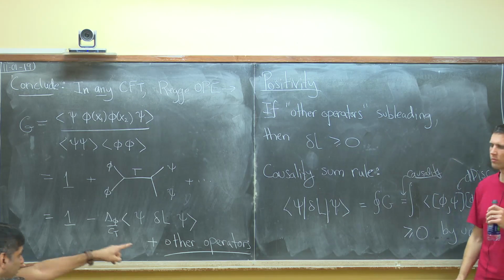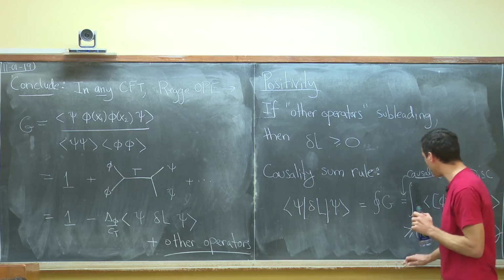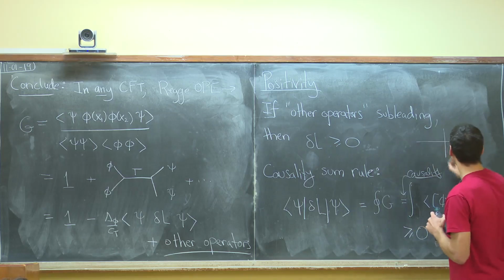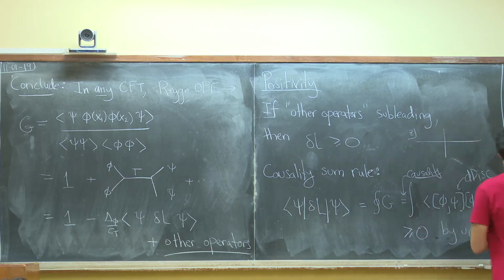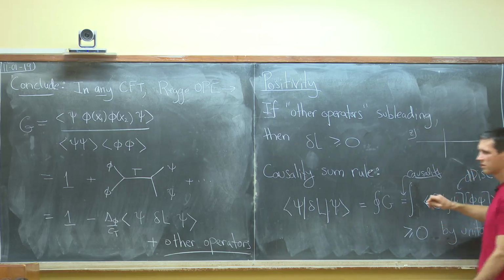But it seems like you're saying you use more. When you say you've used causality, are you using more than that Cauchy-Schwarz inequality? I want to see where that goes into the derivation of Karen. It depends. I'm not sure if it's more. If we're on the complex z-plane, then yes, it is more.